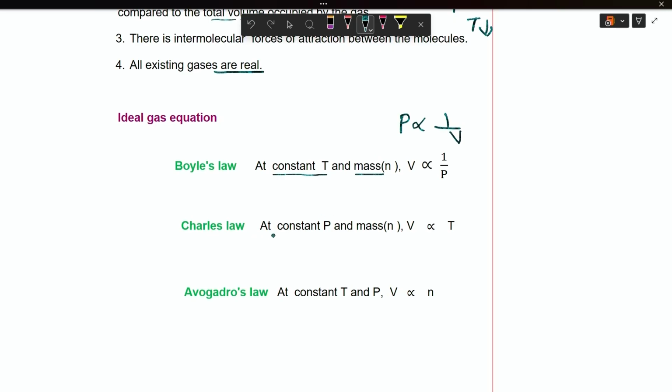Charles' law states that at constant pressure and mass, volume is directly proportional to temperature, because as temperature increases, volume increases.